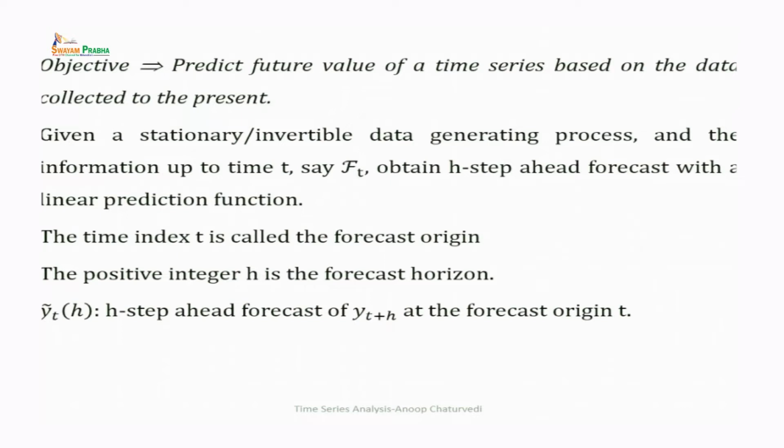Basically, the objective of forecasting is to predict the future value of a time series based on the data collected up to the present. So, you have the information up to the present, and then you have to predict the future value of the time series. That future value may be, say, for the next time period. If you have yearly data, then it may be the next year.